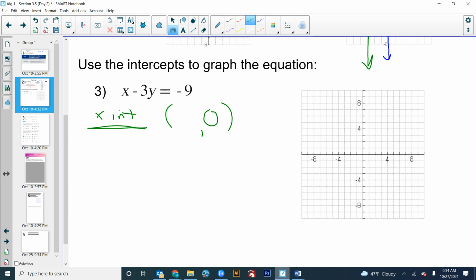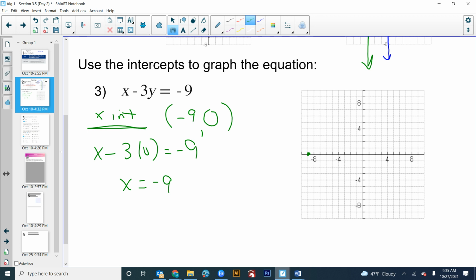So 0 in for y there. X minus 3 times 0. And we're going to stop doing this step here pretty soon, by the way. Okay? So I got this. Done. X equals -9. Okay?